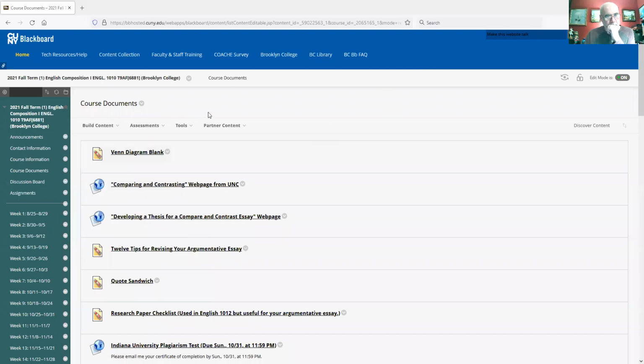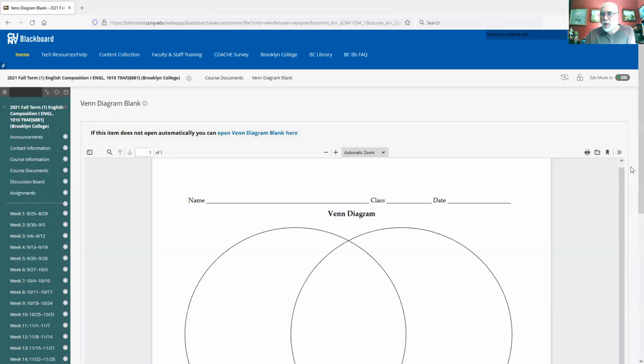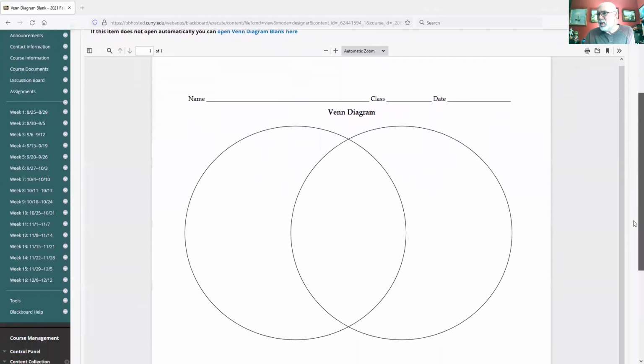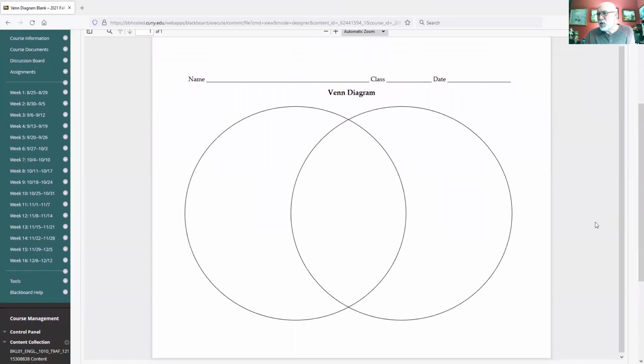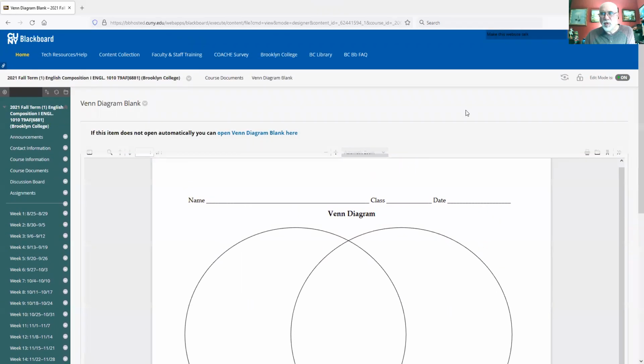So I've posted some resources under course documents to help you with the compare and contrast essay. First of all, there's a blank of the Venn diagram that you'll be using. Some of you may have seen this in high school. I don't know, but if you've never seen this, you'll become familiar with it in this class.